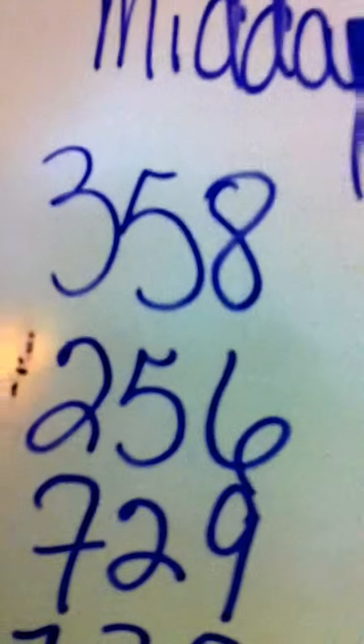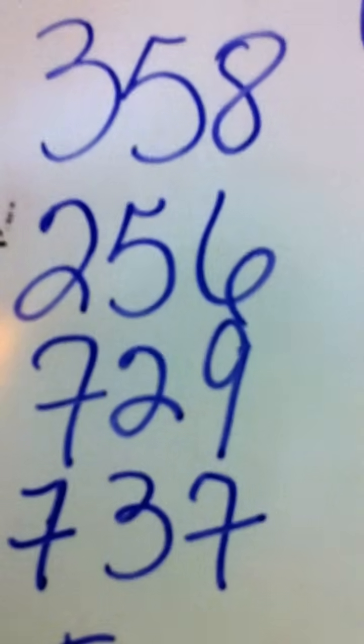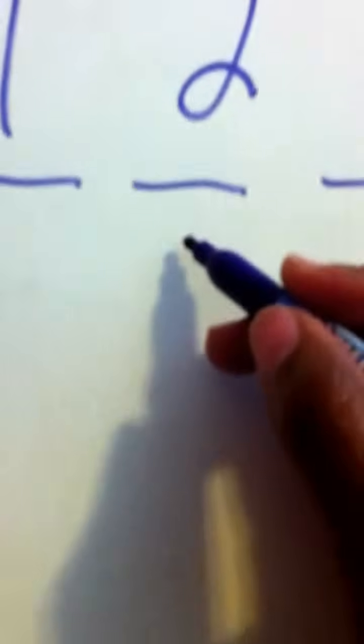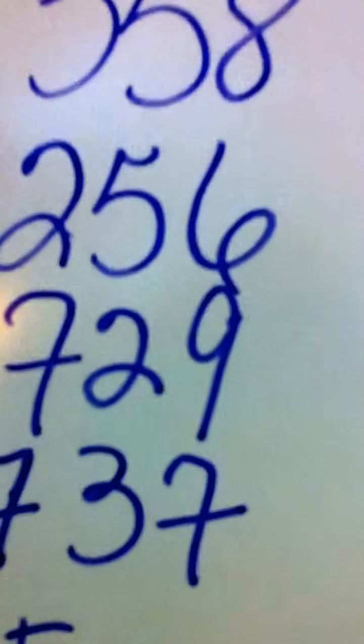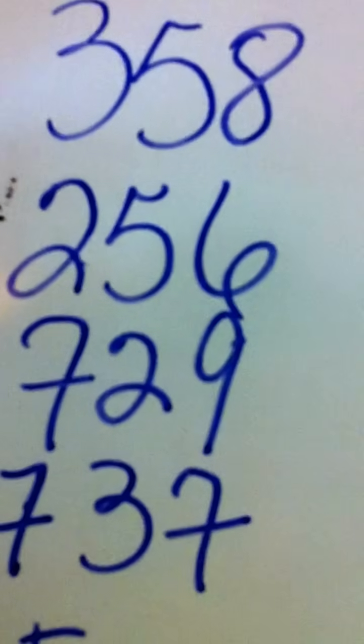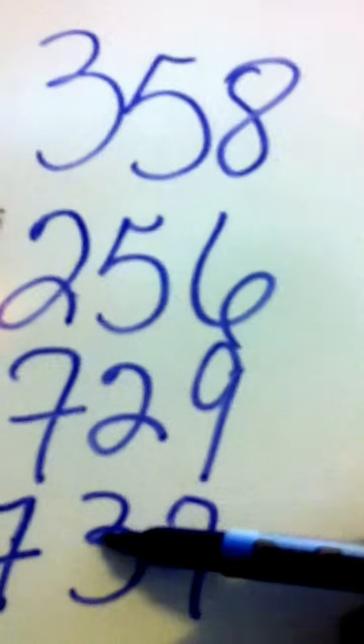Then you have 2. You look at the numbers and see how many times 2 has fallen. 2 has fallen 1, 2 times, so I would write 2 under the number 2 because it has fallen twice. Then I will go to number 3 and see how many times it has fallen for midday, and it's 1, 2.